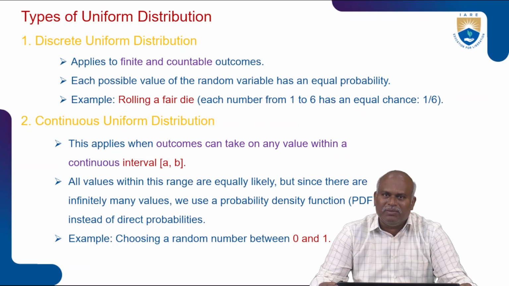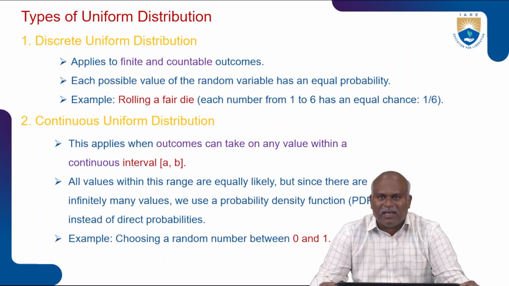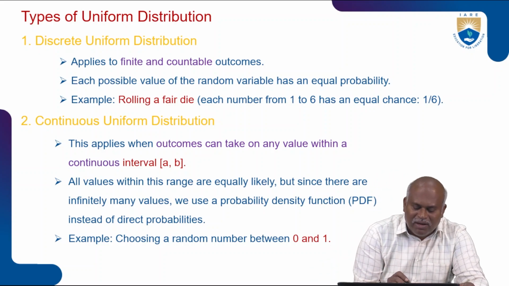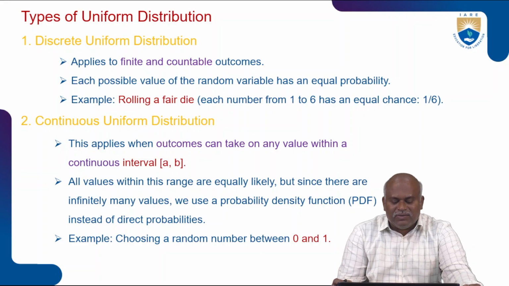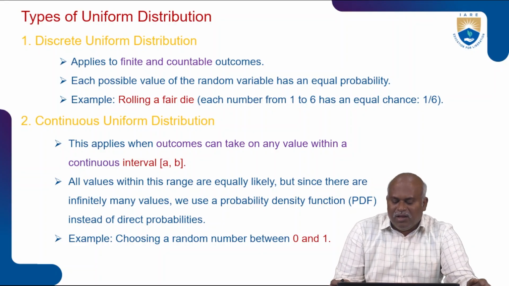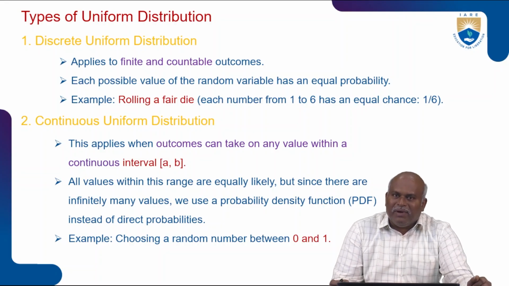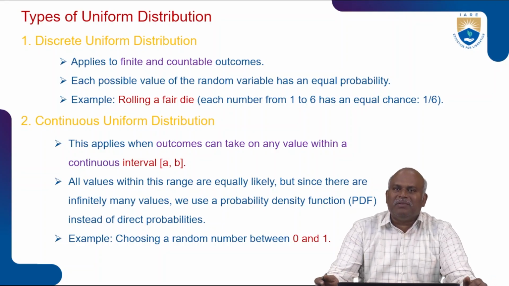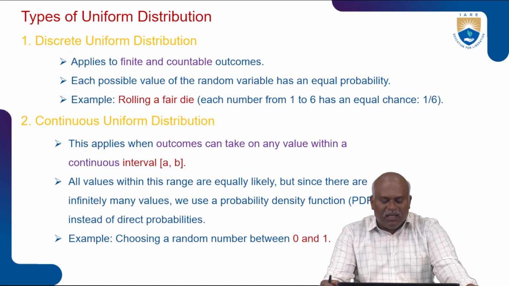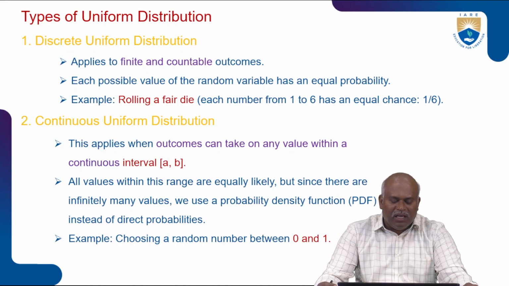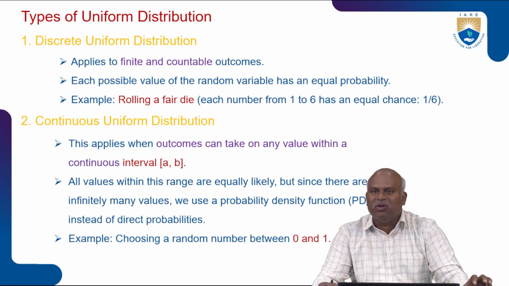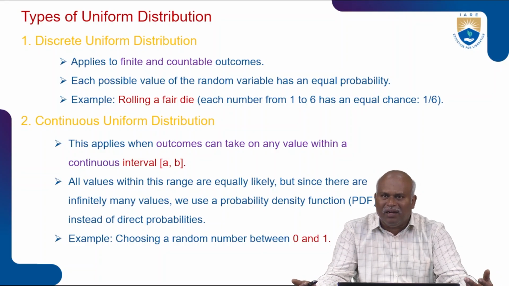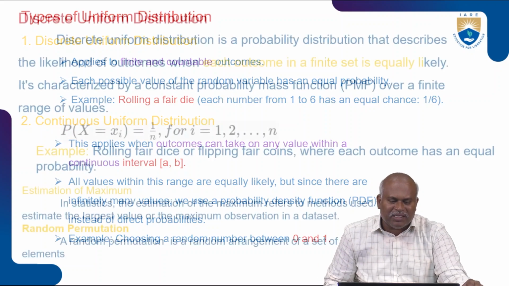The continuous uniform distribution applies when the outcome can take any value within a continuous interval of a and b. All values within this range are equally likely, but since there are infinitely many values, we use a probability density function over some interval. For example, choosing a random number between 0 and 1 is uncountable. This is the continuous case.